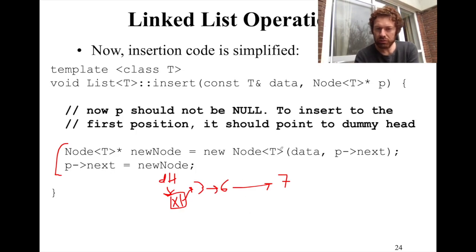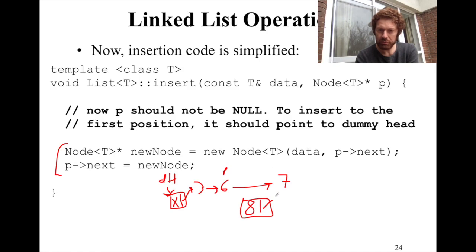So if I want to insert something like 8 in the middle here, P would be this, right? Then I create this new node with 8, and new node dot next will be P dot next, which is 7, and finally P dot next will be 8. So I am golden. There is no difference.